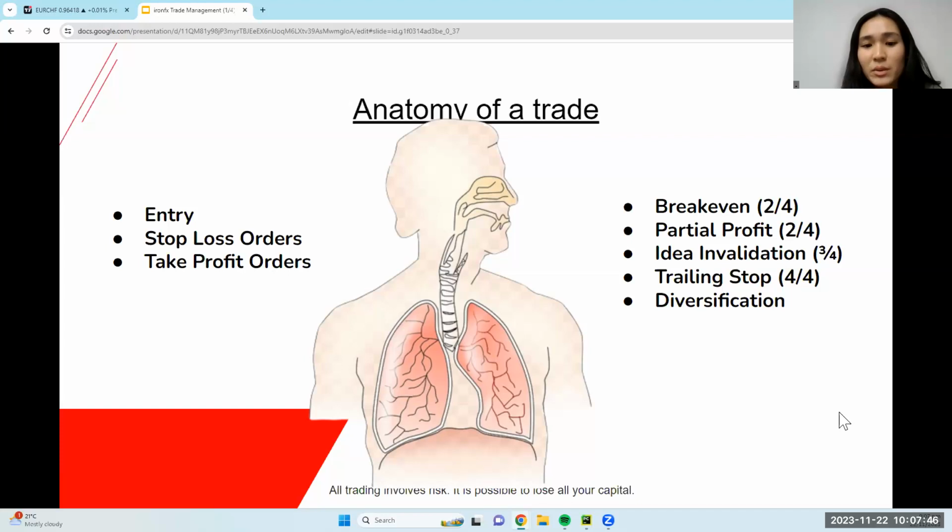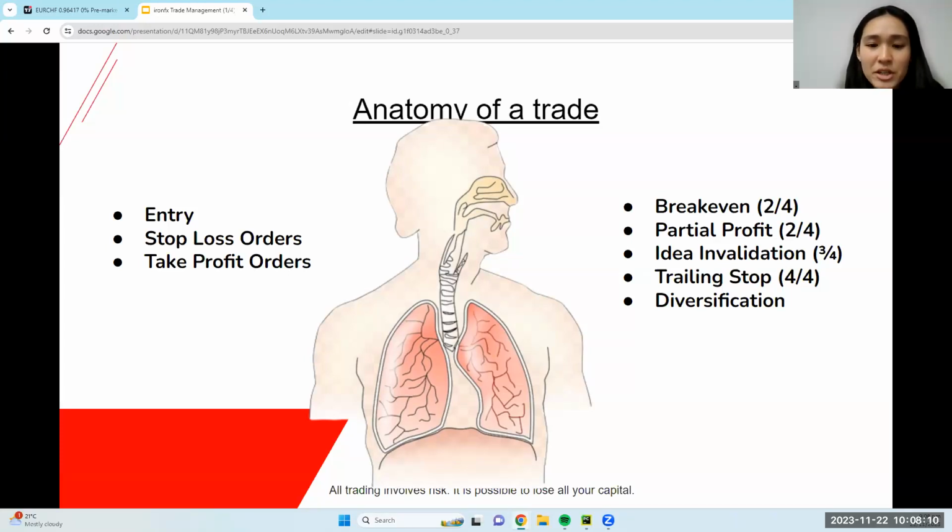So in this webinar, we will be introducing the basics of trading, which are the three that we just went through. And we'll go through break even, partial profit, idea and validation in part two and part three, and trailing stop loss in part four. But it's important to know all of these as well.